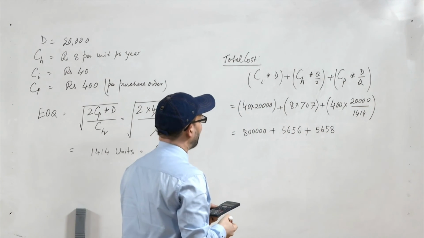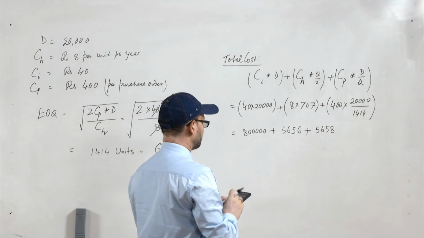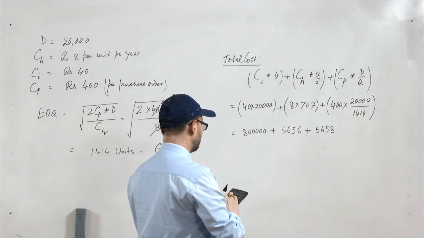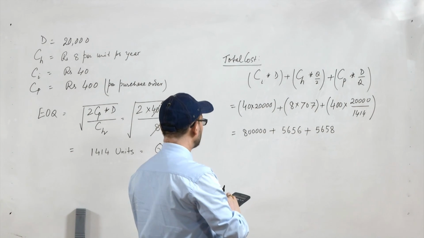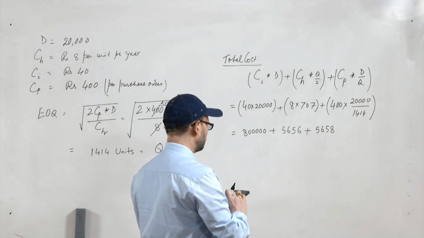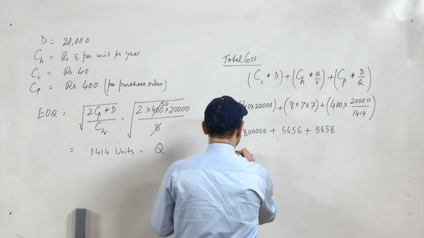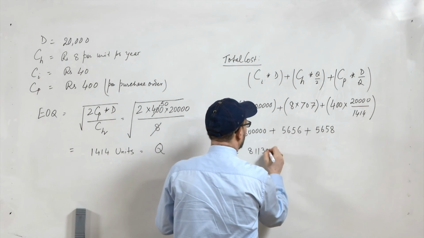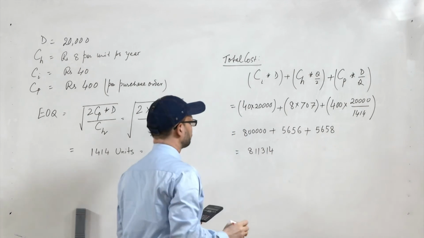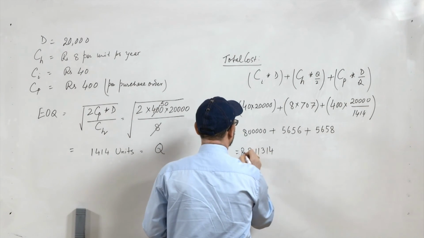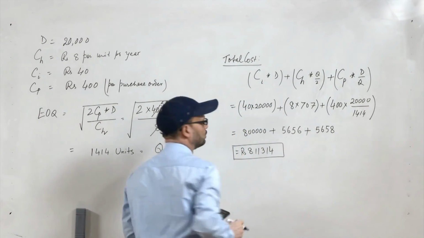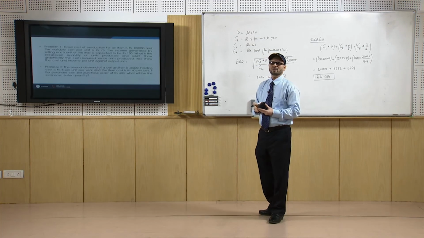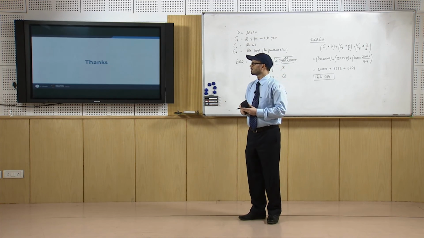So, 5658 plus 5656 plus 800,000 equals 811,314. So, this is the minimum total cost corresponding to this economic order quantity. Thank you.